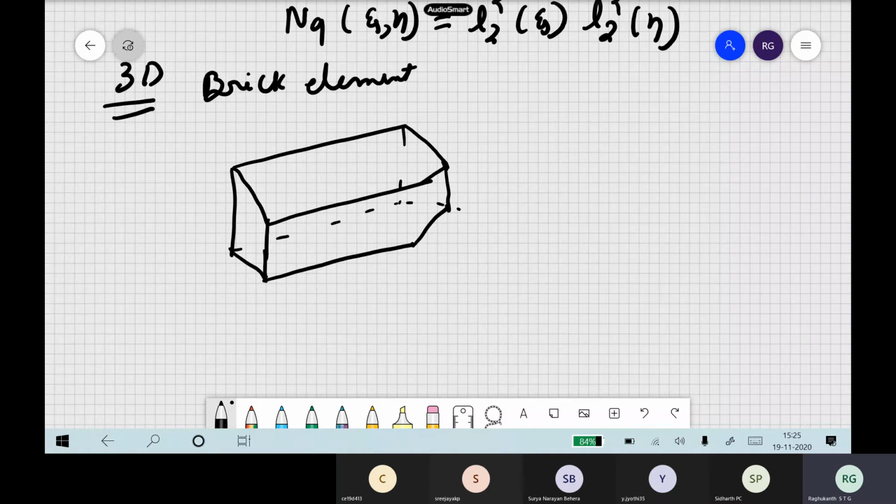So now for this type of element, how many nodes will be there? So 8. 8 noded actually. We have the nodes here. So now this is an 8 node element.